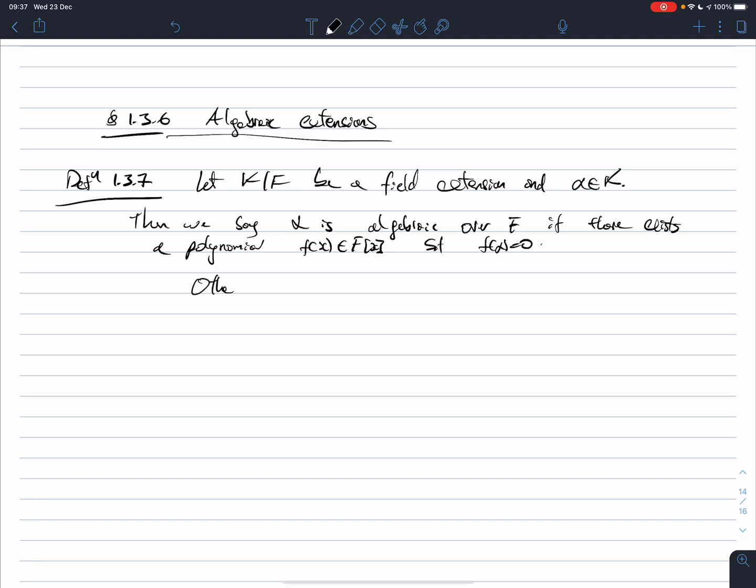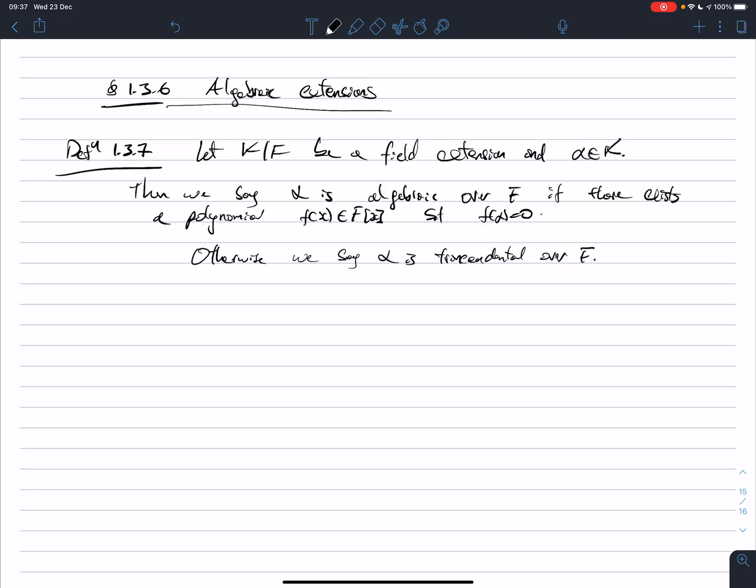Otherwise, we say alpha is transcendental over F. Okay, so the elements will be algebraic over F if you can find some polynomial that have them as a root. So you pick an alpha, you want to check if it's algebraic or not. Well, can you find a polynomial that has alpha as a root with coefficients in F?